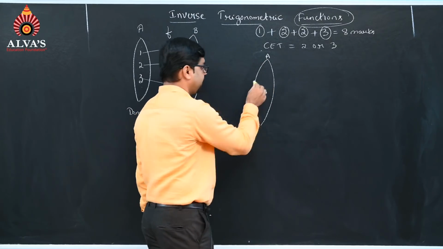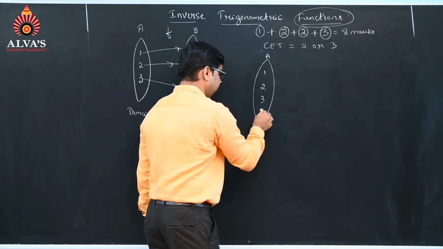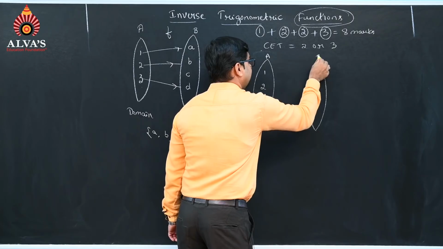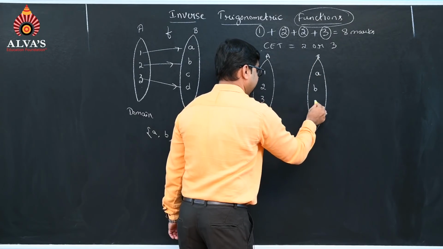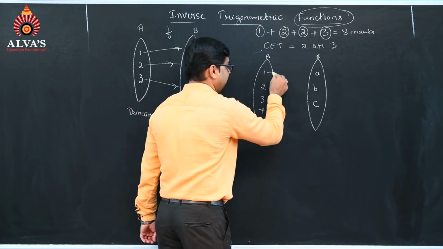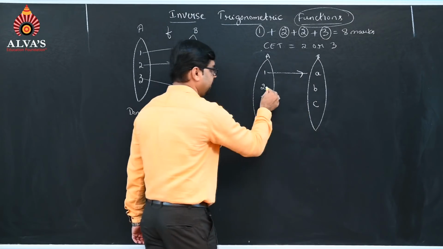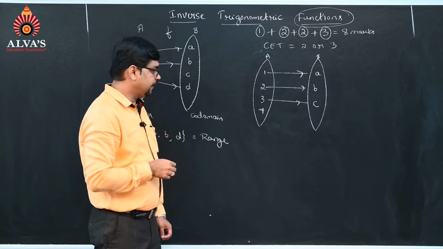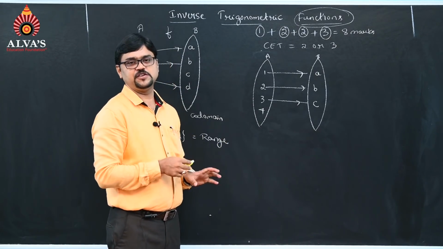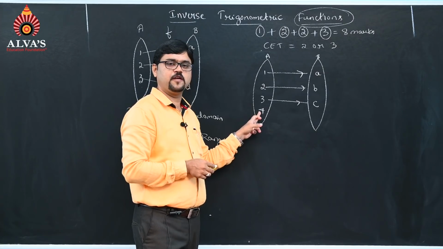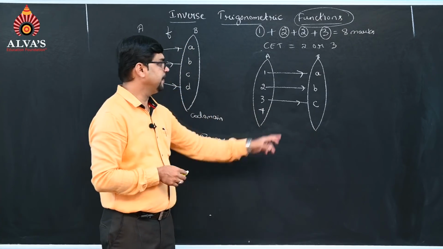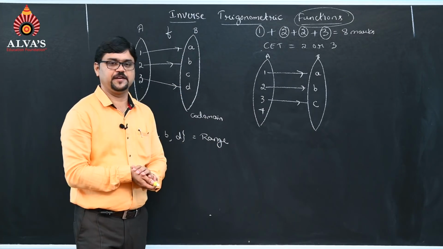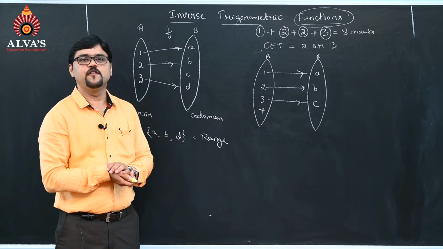Set A contains 1, 2, 3, 4. Set B contains a, b, c. Suppose the mapping is 1 going to a, 2 going to b, 3 going to c. Now it is not a function because element 4 does not have an image in set B. So like that we already discussed the concept of function in the first year topic.